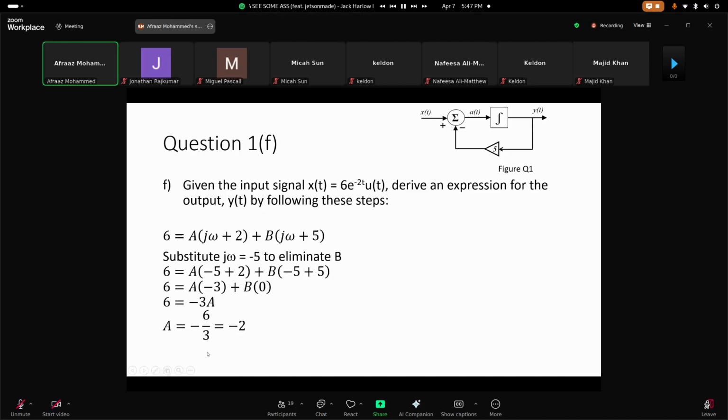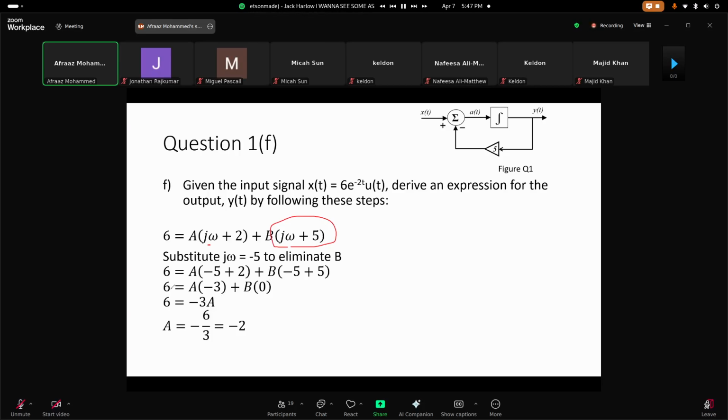Let us find A. To find A, we can eliminate B. To eliminate B, we need to make this term here 0. To do that, we need j omega to be minus 5. So we substitute j omega equals minus 5 to eliminate B. It's going to be 6 equal to A times (minus 5 plus 2), because it has a j omega term here, plus B times (minus 5 plus 5).